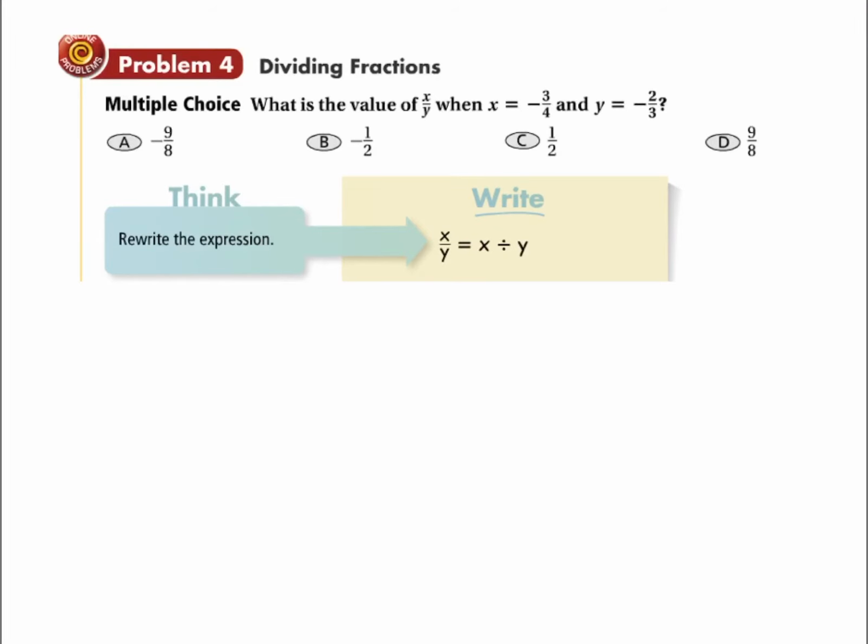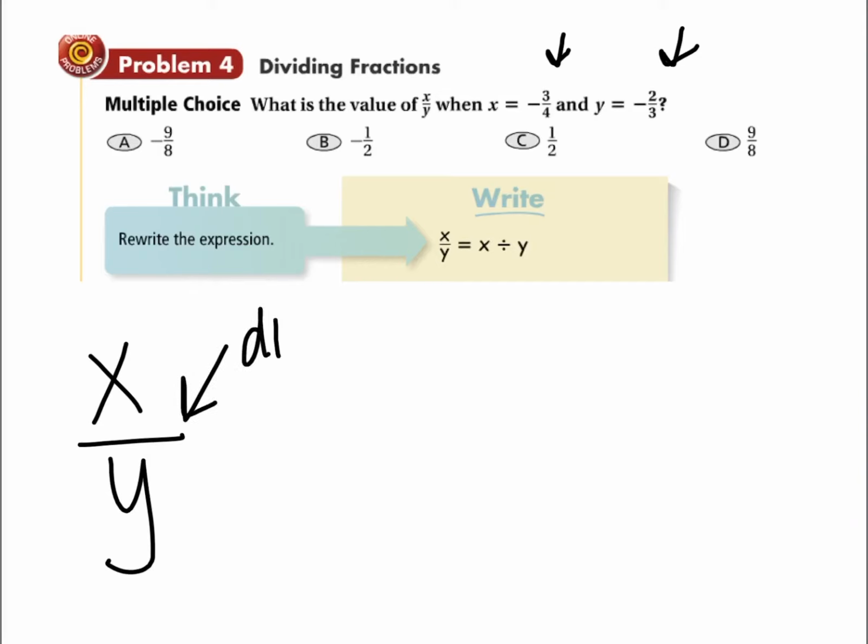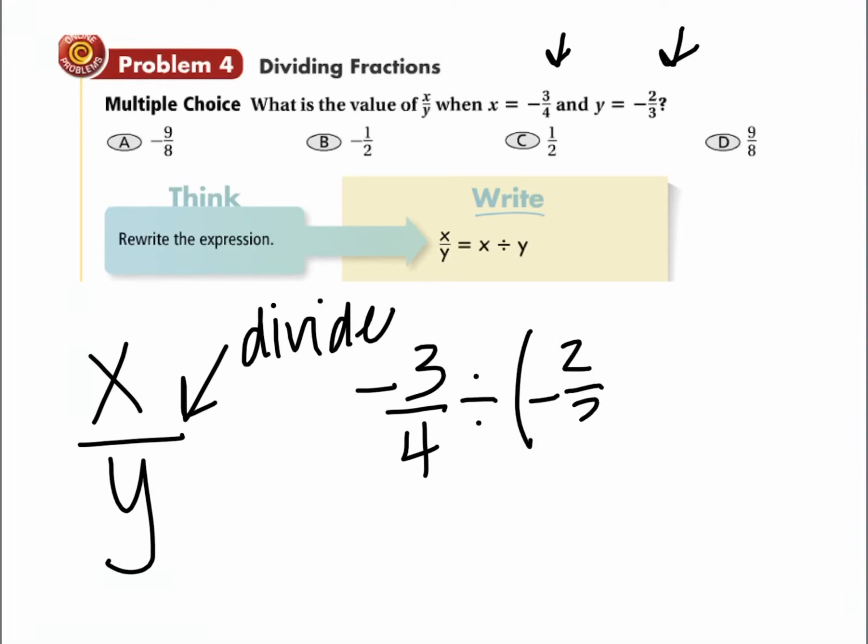Okay, dividing fractions. For this one that they're showing here, if x is negative 3/4 and y is negative 2/3, but they give it to you as x over y, this fraction bar really just means to divide. So that means I have negative 3/4 divided by a negative 2/3.